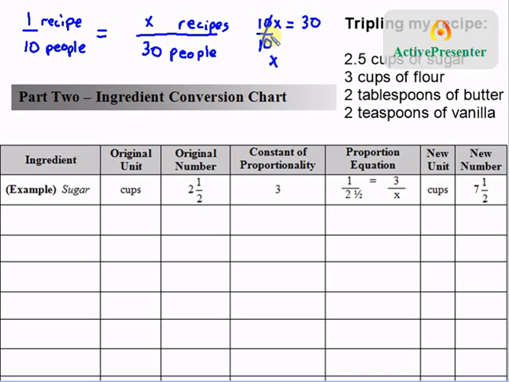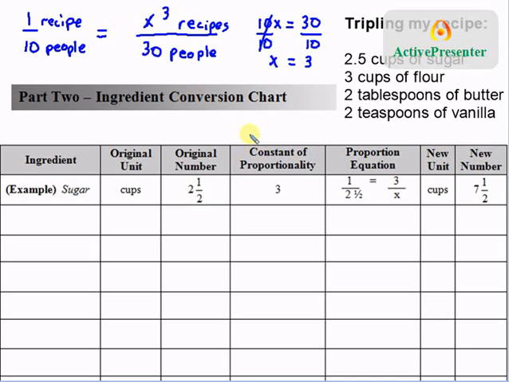Over here, to keep our equation balanced, we have to divide on this side as well, because whatever we do to the left side, we have to do to the right side. 30 divided by 10 is just 3. So x is equal to 3. I'm going to take my recipe and triple it. So I'll cross this out here and put 3.